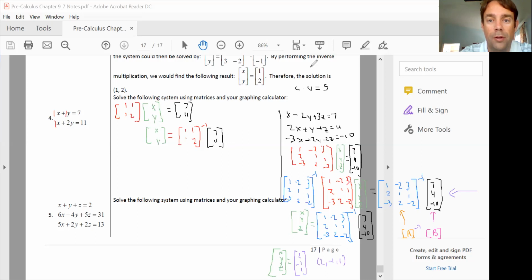And now we plug it into our calculator. And I'll have my variable matrix by itself, so X and Y. When those get multiplied together, I should have a good answer. In this case, that answer would be 0, 3, 4, which means that X is 3 and Y is 4.